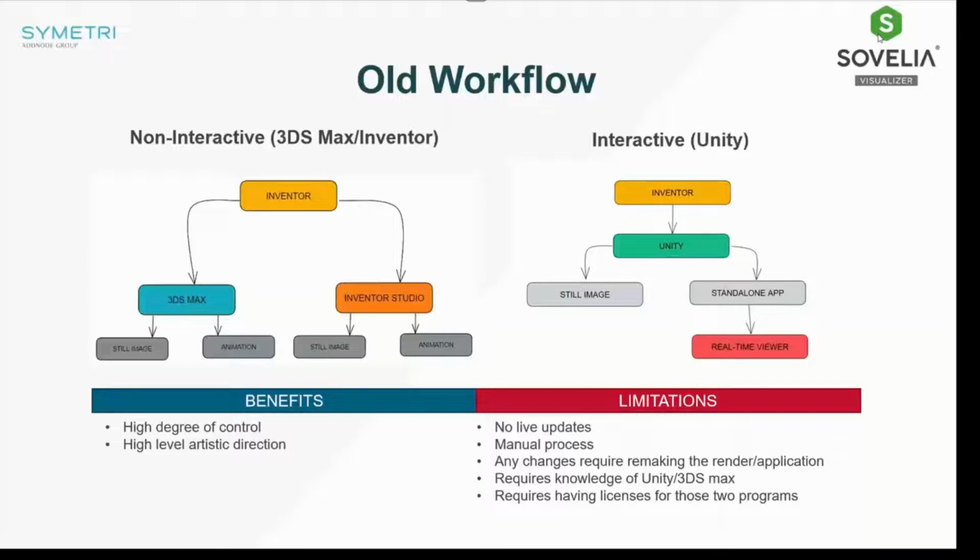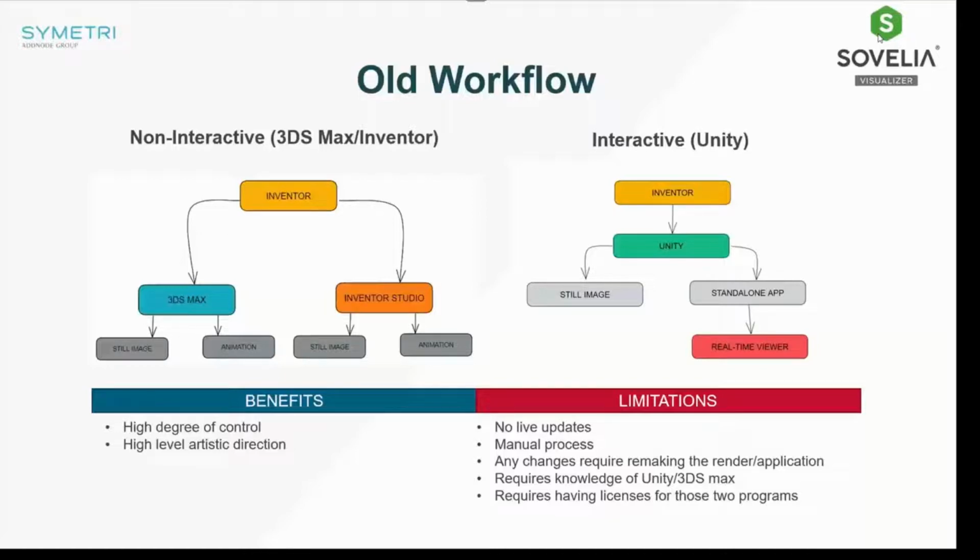Ray had mentioned this before, but basically, if we wanted to take an Inventor model and bring it into a 3D VR or AR environment, it usually required a huge amount of work, either from someone within the company or outsourced.